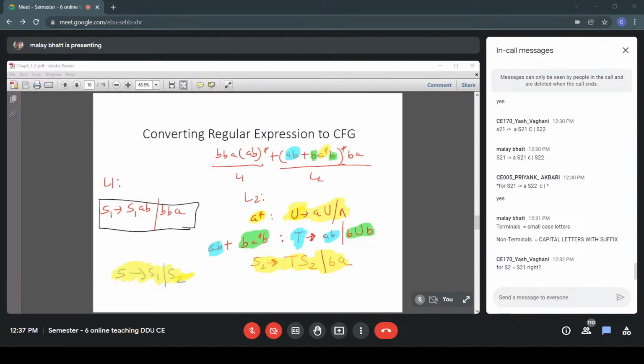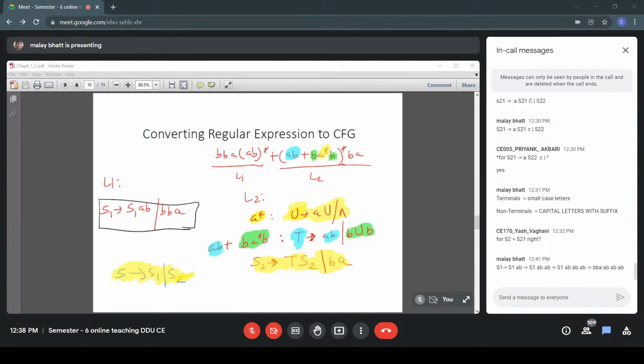As you can see here, I am getting (AB) star. I am repeating AB any number of times. Further, if you require, we can write S1 gives S1 AB AB AB, and at last we'll replace with BBA. I hope you can see this derivation and you will understand how we have written L1: BBA (AB) star.